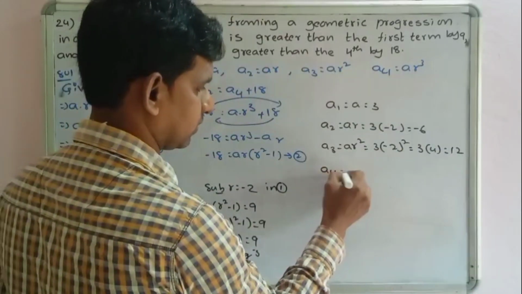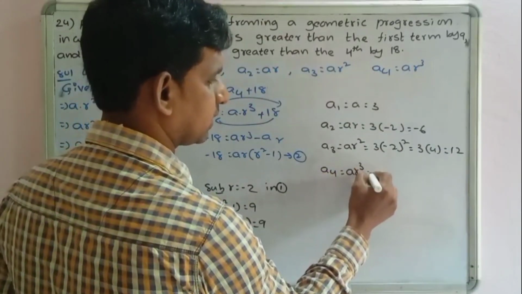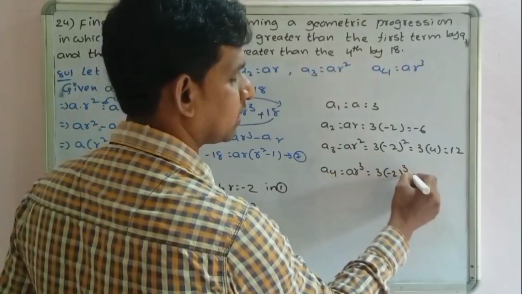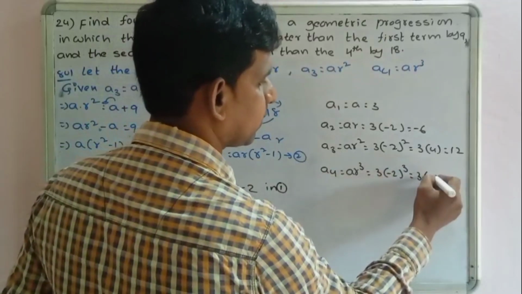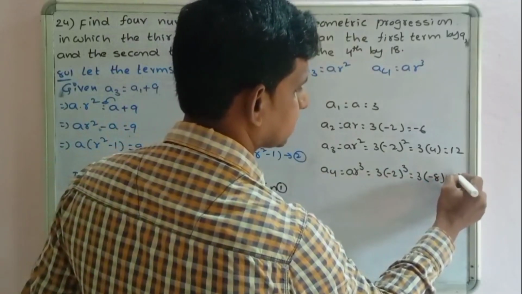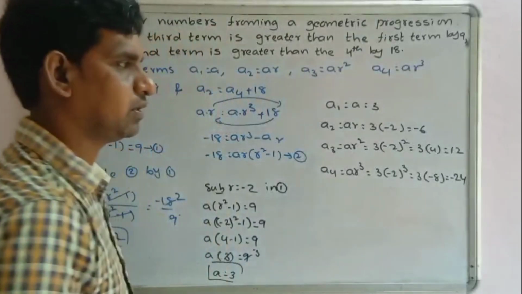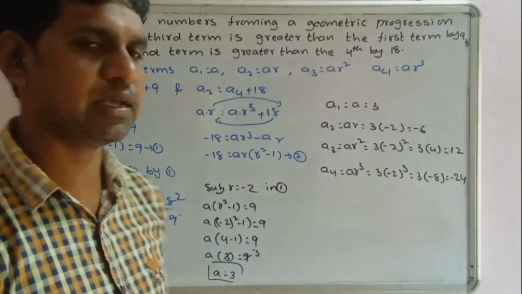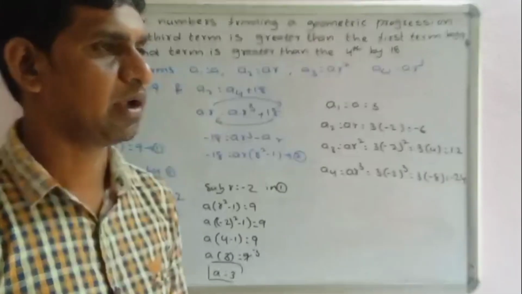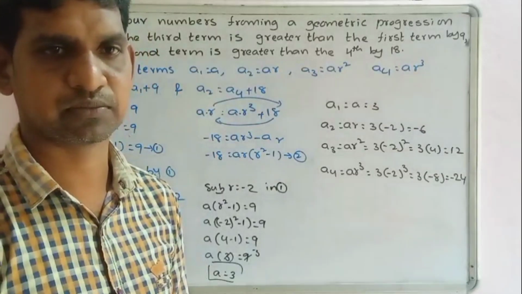Next A4, fourth term A R cube, that is 3 times minus 2 power 3, so 3 times minus 8 is minus 24. Therefore the first 4 terms are 3, minus 6, 12 and minus 24.